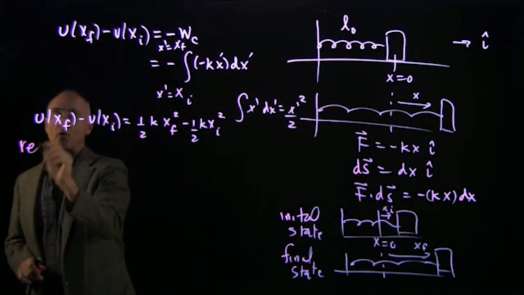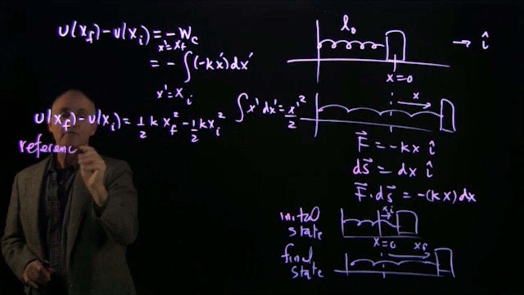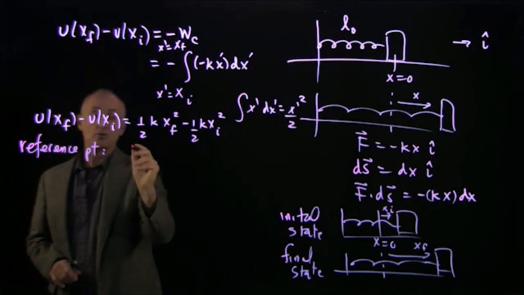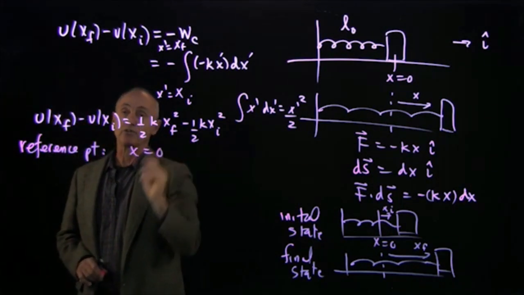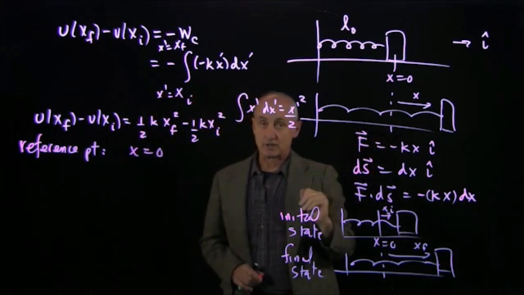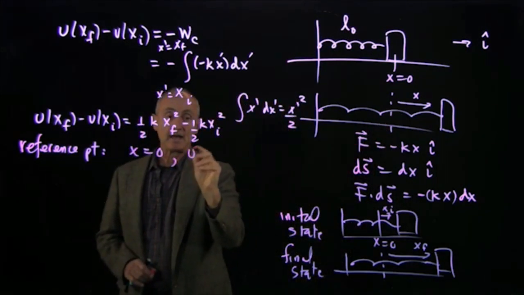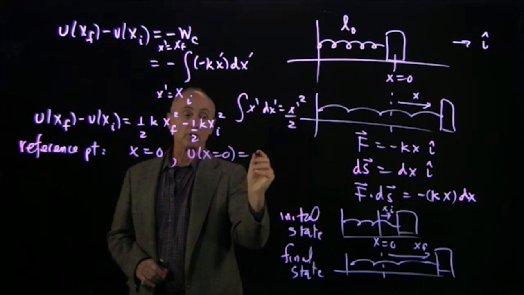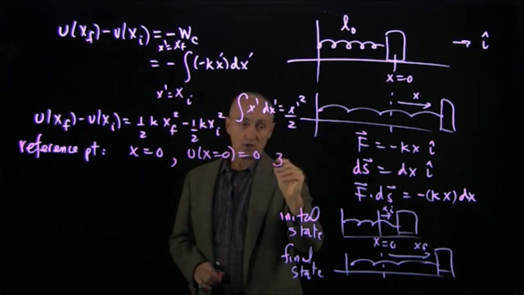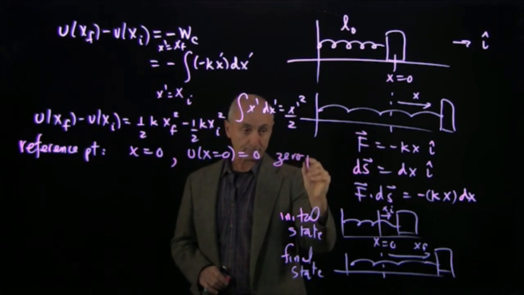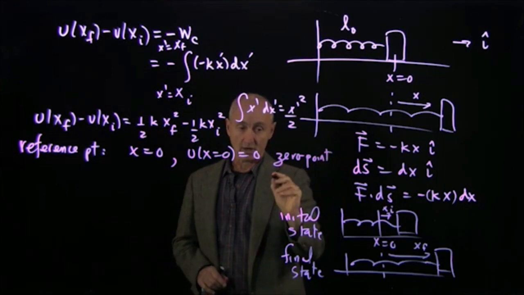Now, you may have already thought about it, but the reference point that we're going to use is x equals 0, the unstretched length of the spring. And our reference potential at that point will be 0. So our reference point is actually the zero point for the potential.